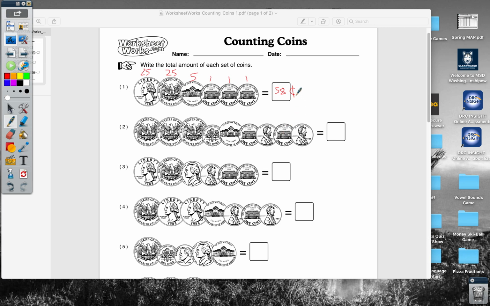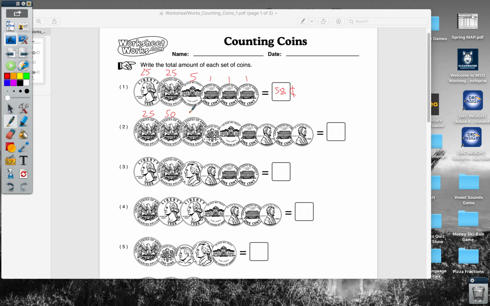Okay, so one way to do it is to label every coin with its value and then count from there. I've also seen kids write the running total of those coins. So for instance, they would have 25, and they know that 2 quarters would get them to 50. And they've learned that 25, 50, 75, $1 routine.